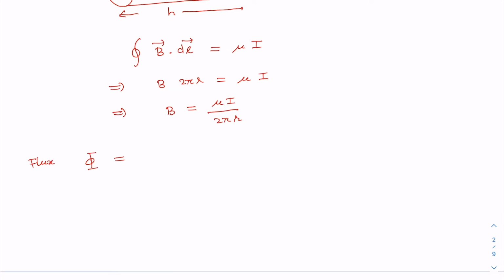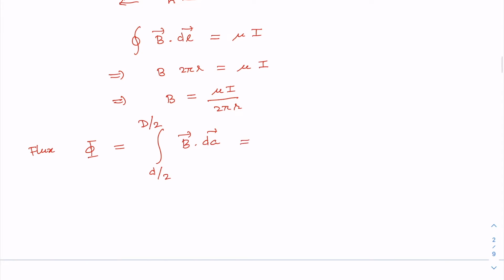The flux phi is the integral of B dot dA, and you have to go from the inner cylinder to the outer cylinder, so from small d by 2 to capital D by 2.